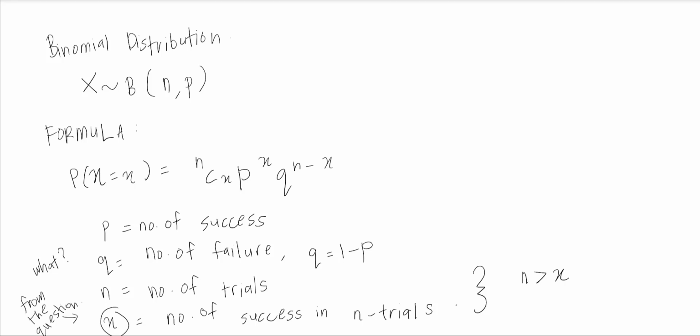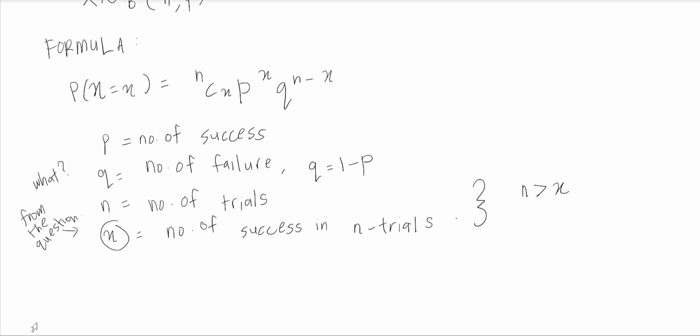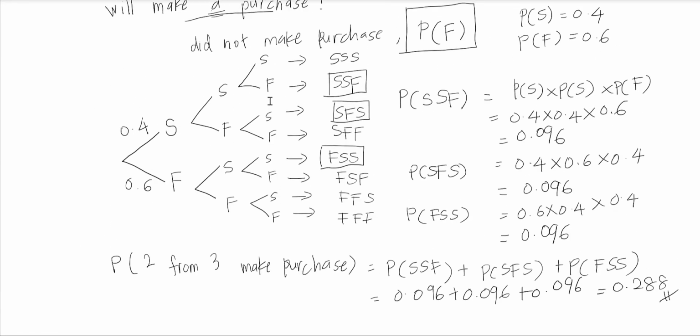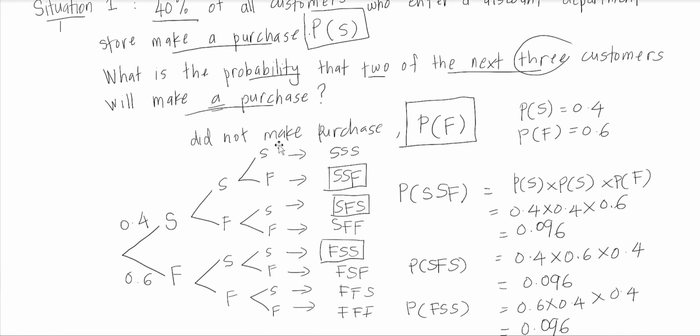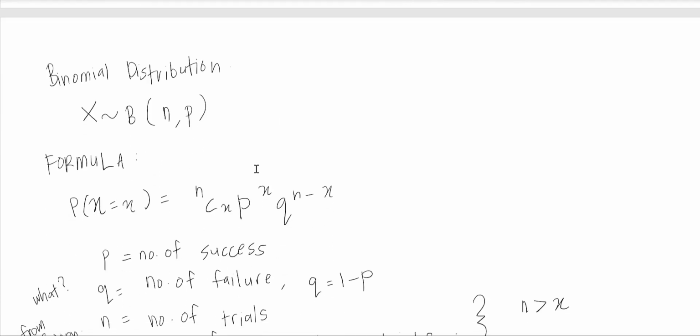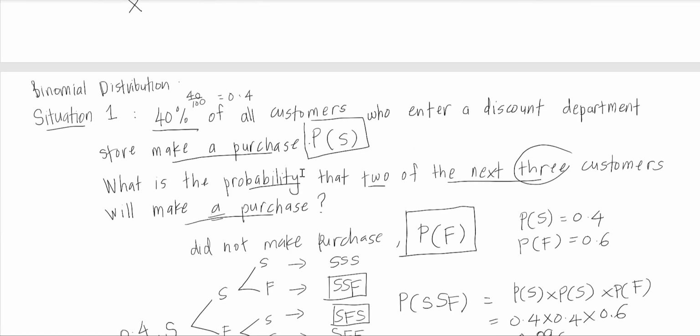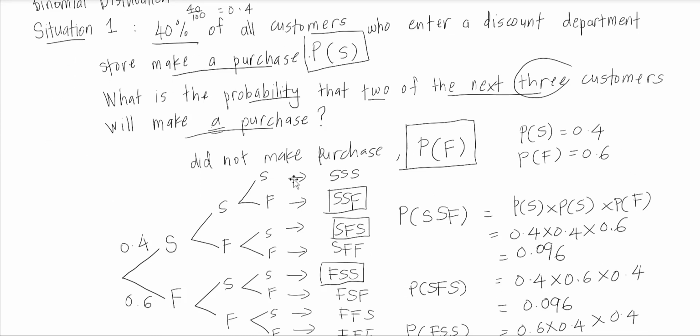Okay, so now for this example, we look at our previous example. We know that for the binomial distribution, we must have the number of trials, n, and the probability of success, p. Let's say for this example, we let success be the customer who makes a purchase.